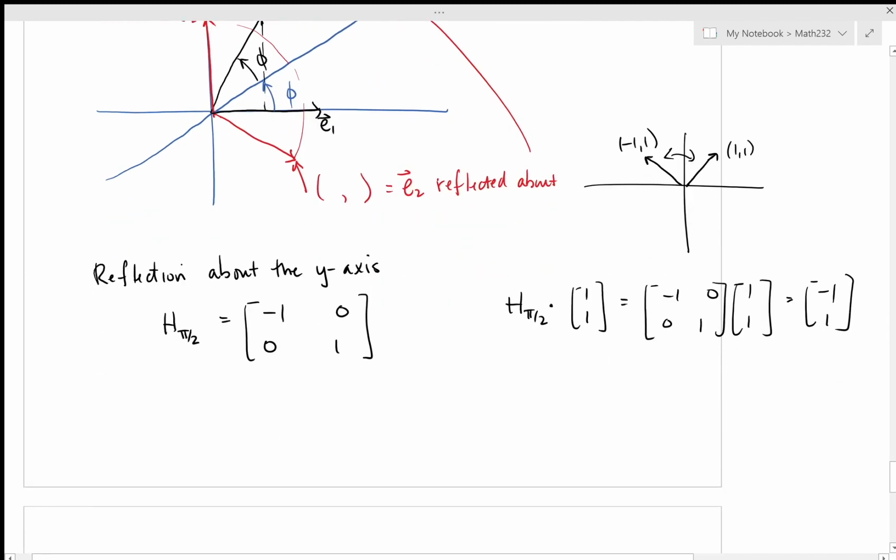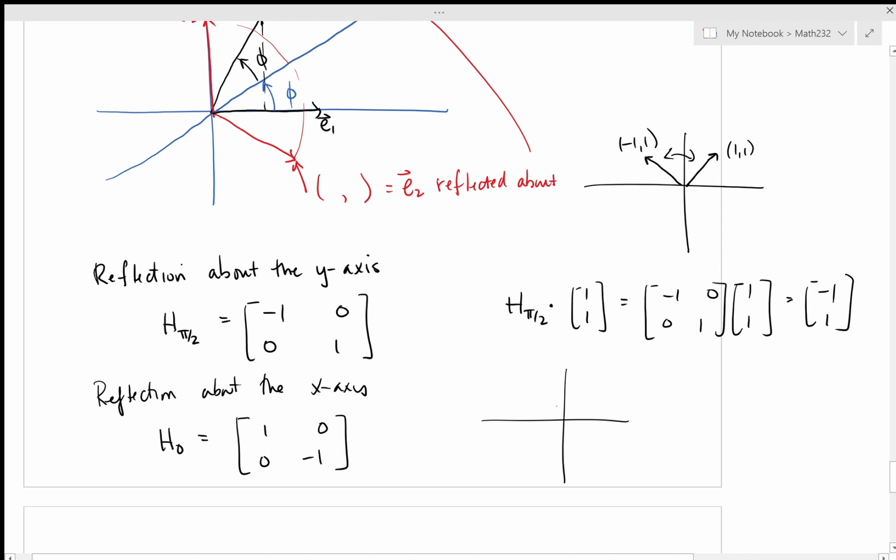Okay, if I wanted to do a reflection about the x-axis, then the angle is 0. Reflection about the x-axis. We have h of 0. That will be this guy here. 1, 0, 0, minus 1. And then I can take some vector. I don't know, let's just pick one here. Minus 1, 1. How about that?